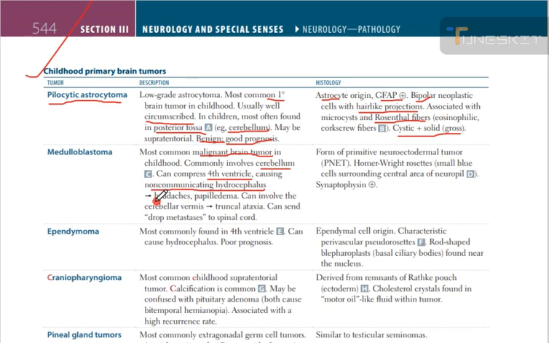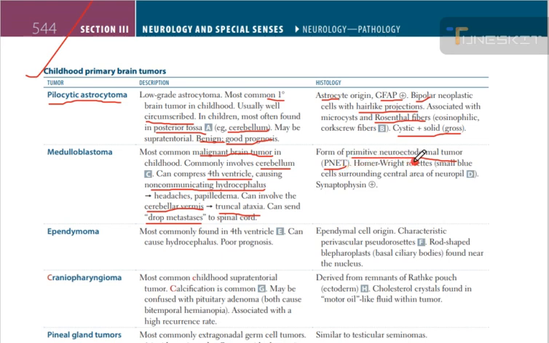Its symptoms would be headache and papilledema. It can involve the cerebellar vermis, which results in truncal ataxia, and can send drop metastases to the spinal cord. It is a form of primitive neuroectodermal tumor, PNET.